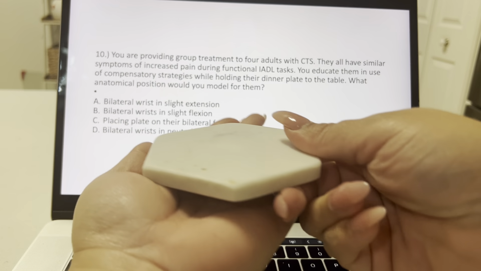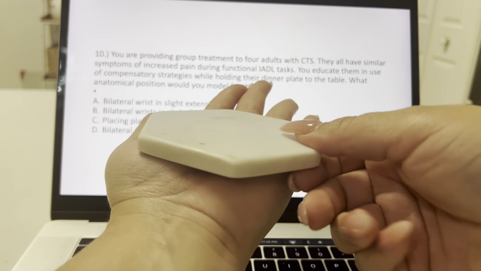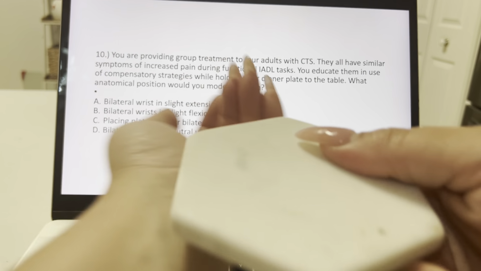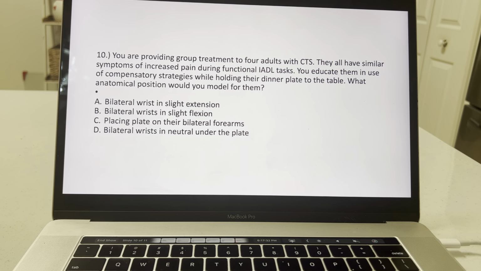You want them kind of neutral. If they can hold the plate like that, if it's a bigger plate, they can hold it out like this. But as much as they can keep that wrist in neutral, that will help to decrease some of those symptoms.